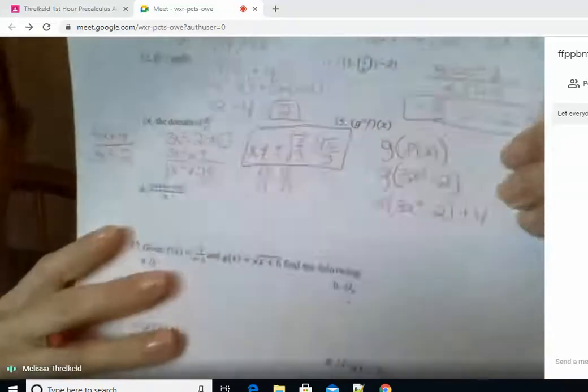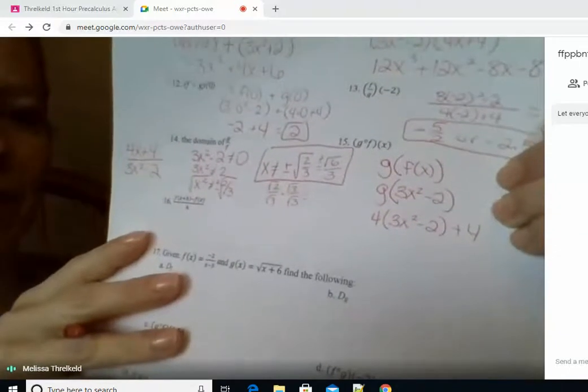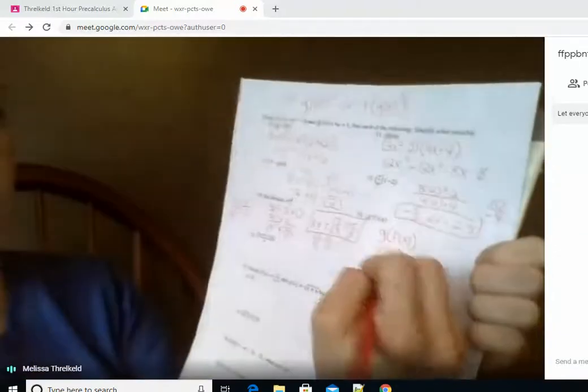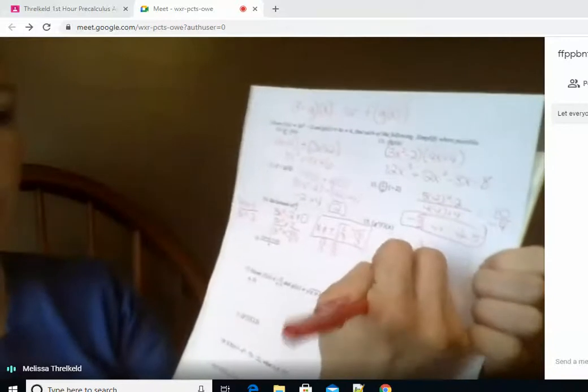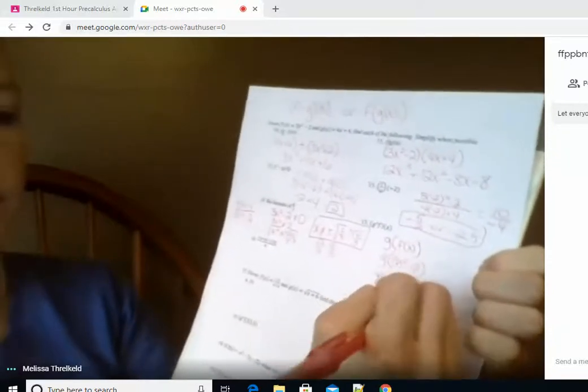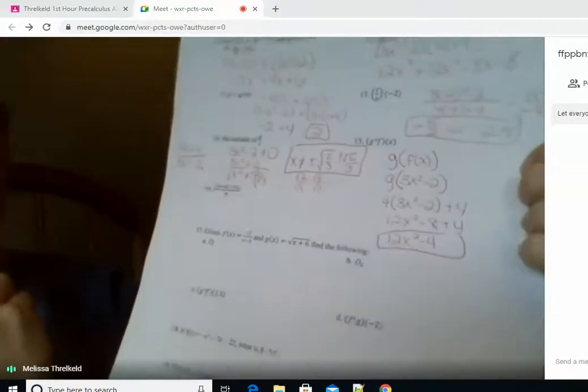So I have 4 times 3x squared minus 2 plus 4. So simplify, if you distribute, you get 12x squared minus 8 plus 4. So final answer, 12x squared minus 4.